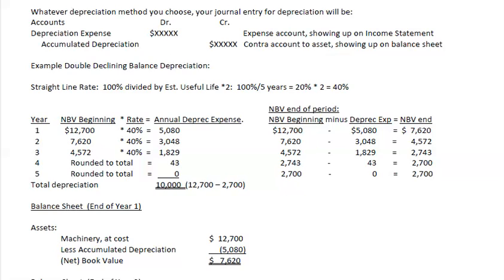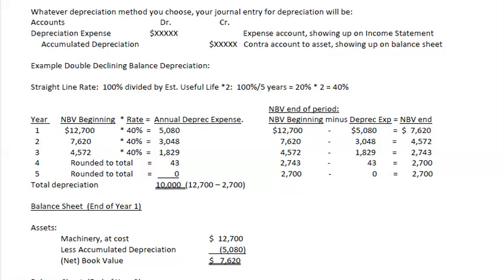That's a chunk, because remember, straight line depreciation was $2,000 per year. Here, the first year we took $5,080. So in accelerated depreciation, we're front loading the depreciation expense and writing our asset off quicker than using straight line.